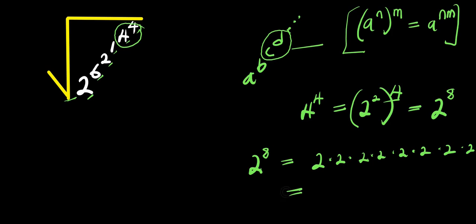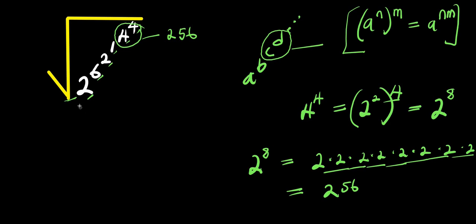So from here we are going to have 2 times 2, 4, 4 times 2, 8, 8 times 2, 16 times 2, 32 times 2, 64 times 2, 128 times 2, that is 256. So we are going to replace this 4 power 4 with 256.